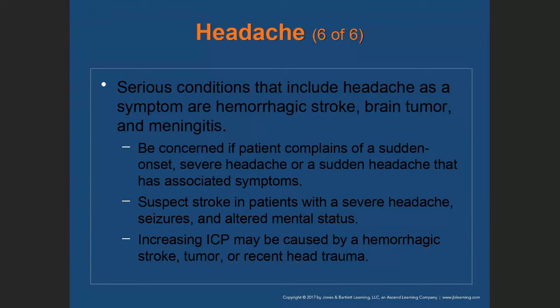Be concerned if the patient complains of a sudden onset or severe headache, or a sudden headache that has associated symptoms. Suspect stroke in patients with a severe headache, seizures, and altered mental status. Increasing ICP may be caused by hemorrhagic stroke. It can be caused by a tumor or a recent head injury.